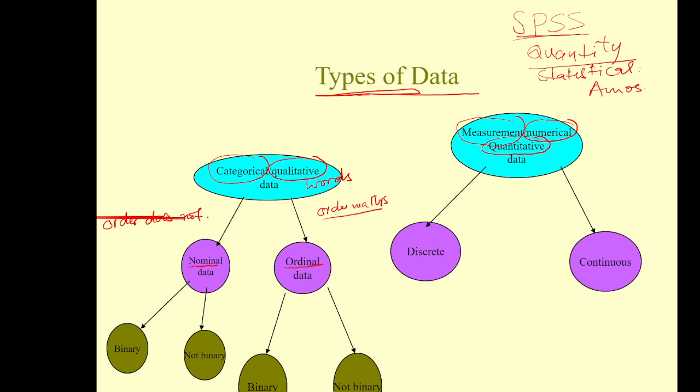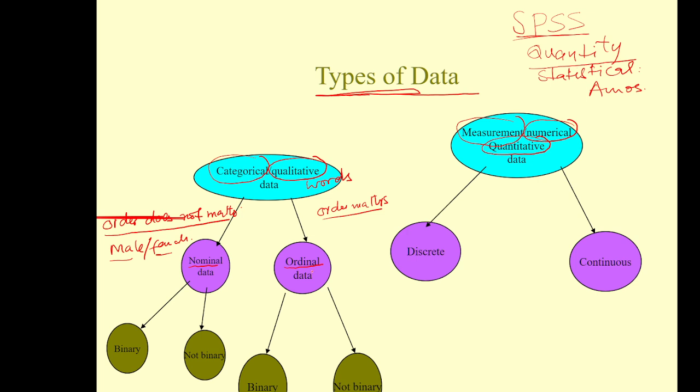So it doesn't matter which variable you put first. For example, if you have male or female, right? It doesn't matter if you ask someone, are you a male or female? So in this type, order does not matter.